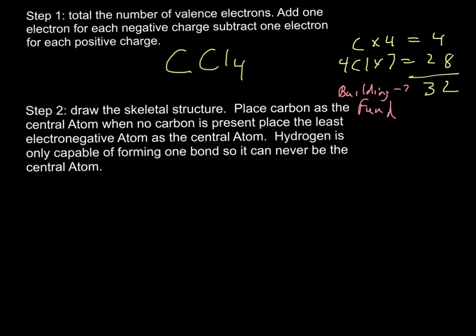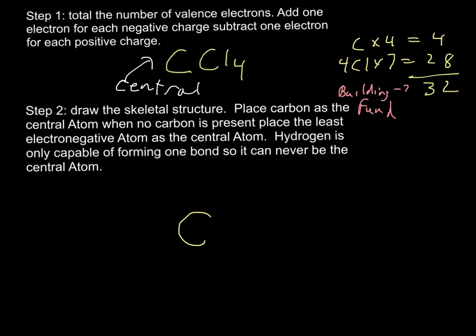There's a couple easy ways to do this. First, carbon loves to be the central atom. Carbon actually has the elemental symbol C, not because carbon begins with C, but because C is for central. C is for central, which is good enough for me. So carbon's going to be our central atom.